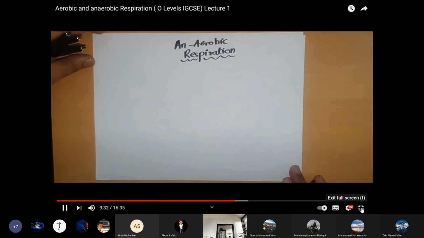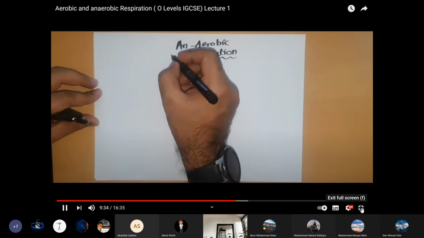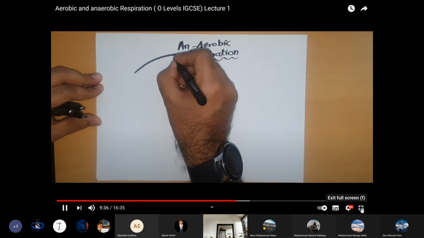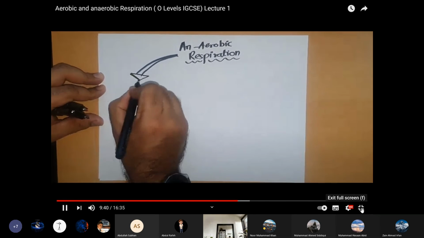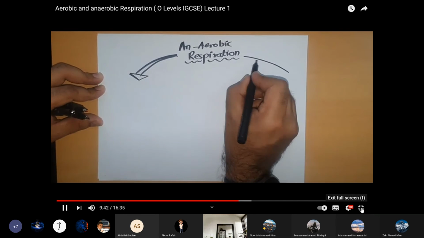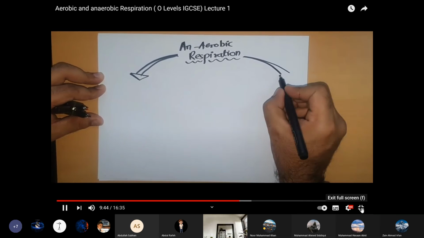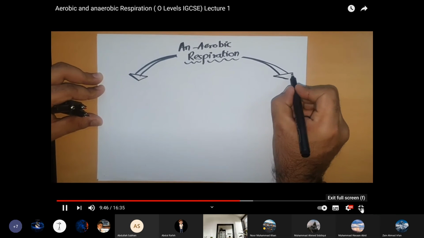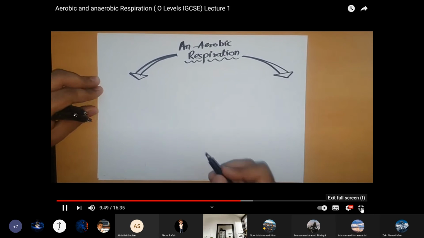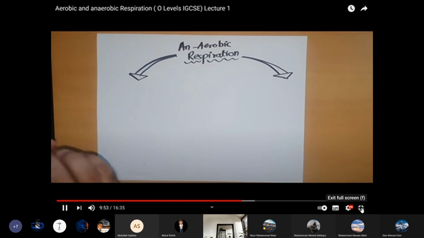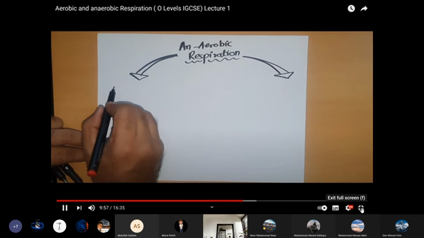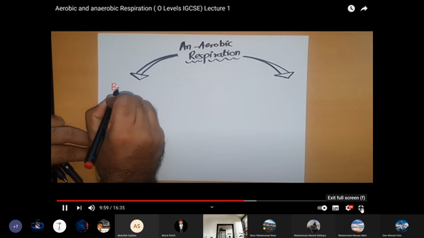Now, anaerobic respiration again comprises two categories based on the types of organisms and the type of product produced during the anaerobic chemical reaction. The anaerobic respiration is the same in bacteria and animals.